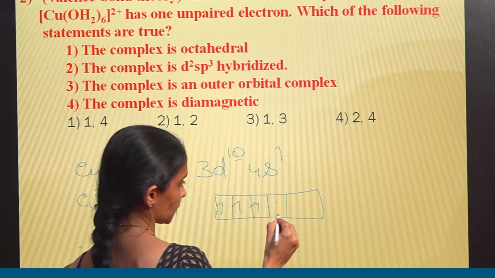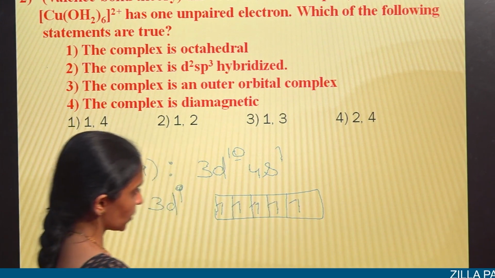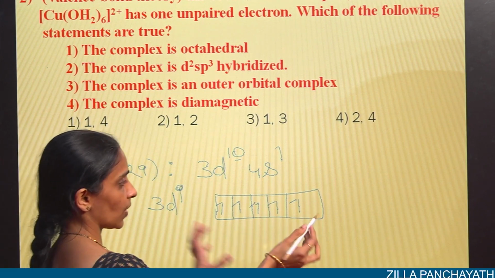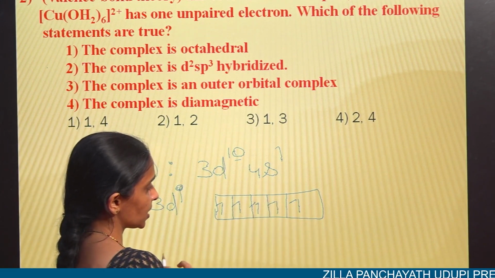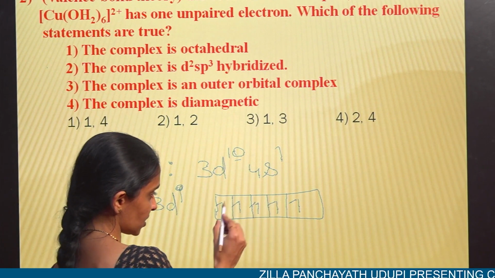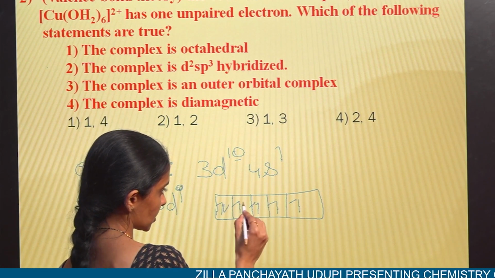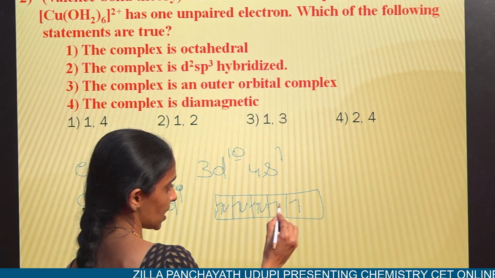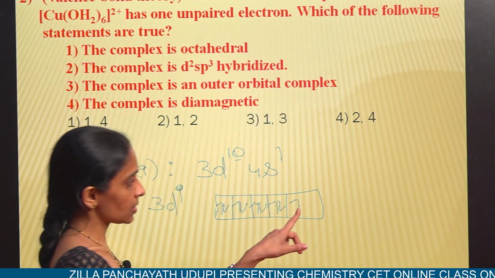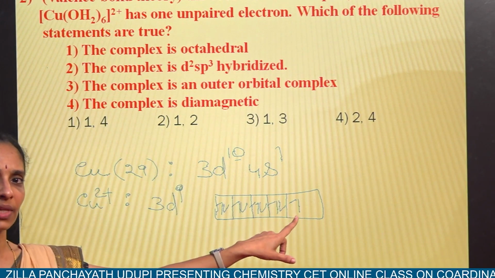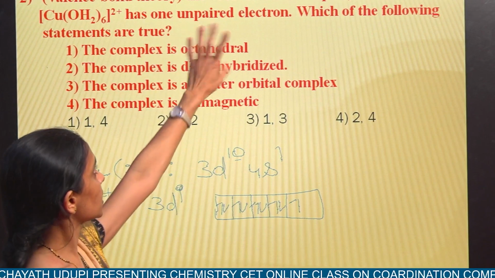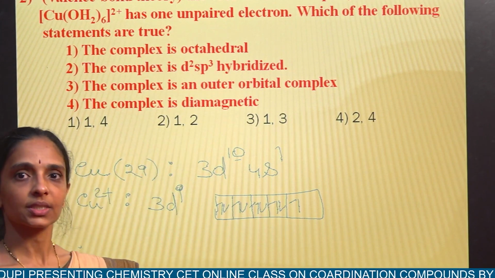First you have to fill 1 electron each. There are 5 d orbitals, 1 electron each has to be filled, and then the pairing starts. So it will be 6th here, 7th electron, 8th, and here comes the 9th electron. So we are left with only 1 unpaired electron, which is given in the question.